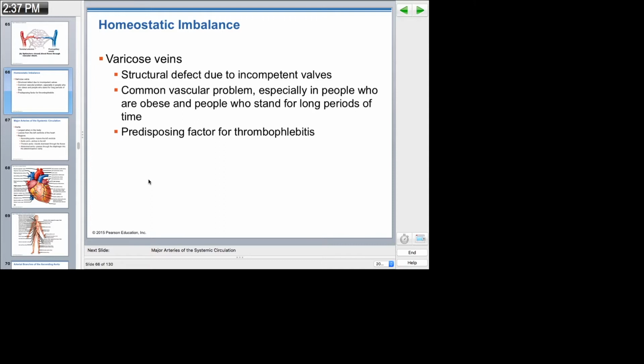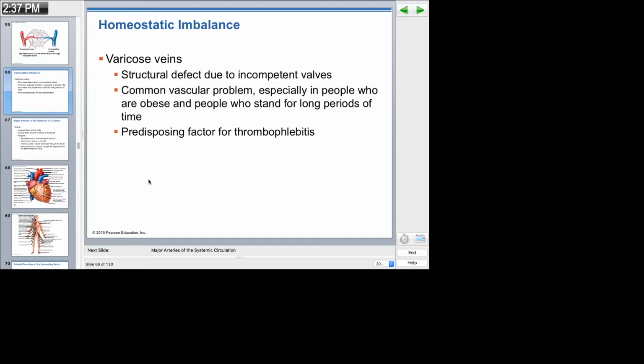So usually in heavier set people who stand for long periods of time, you'll see veins, like light blue veins or spider veins almost, popping out on their legs. Those are due to incompetent valves in the veins as it heads back up to the body. Okay, it's a predisposition for thrombophlebitis.